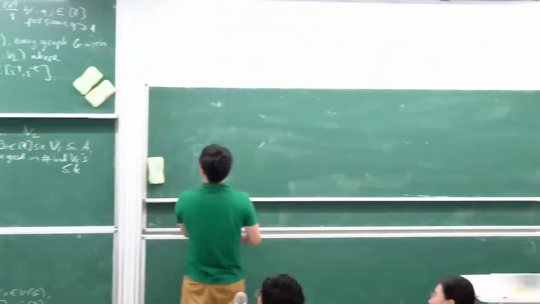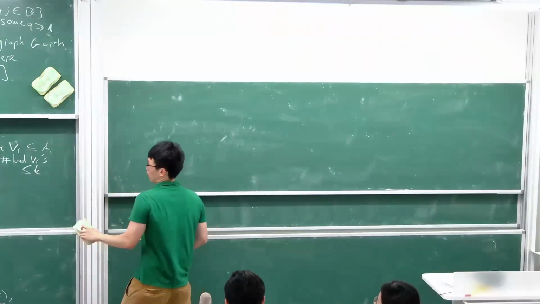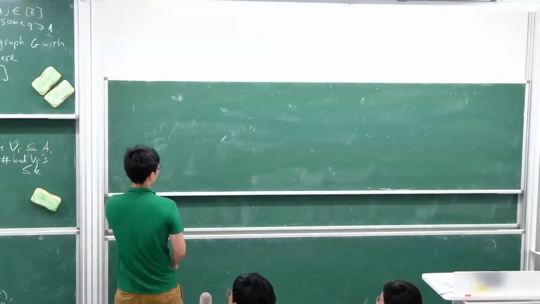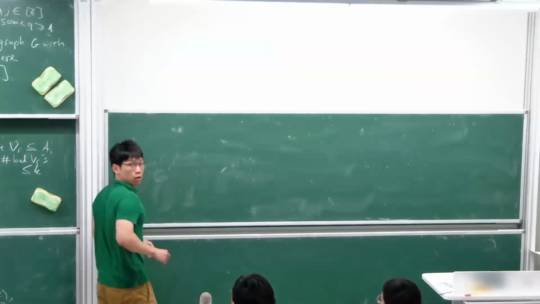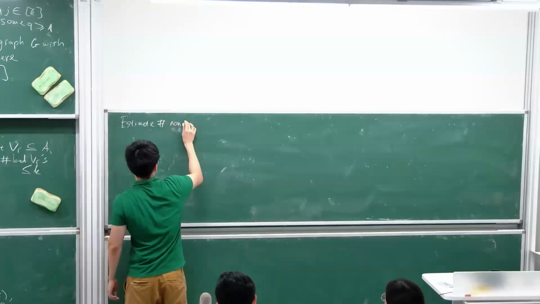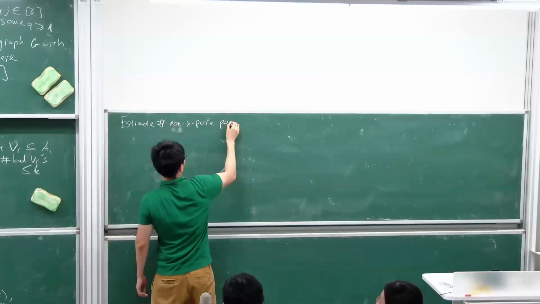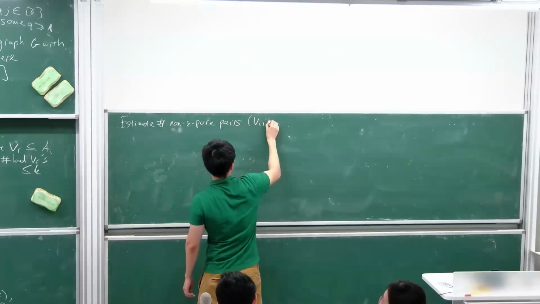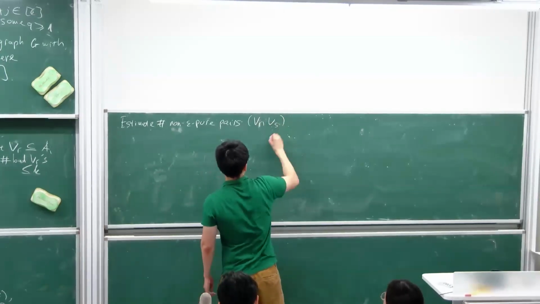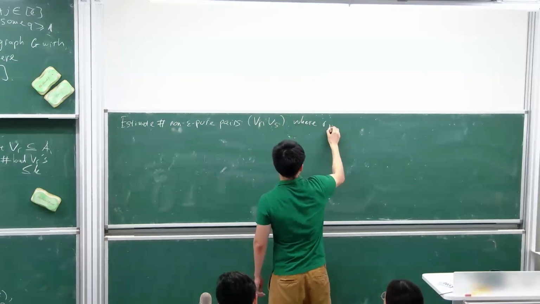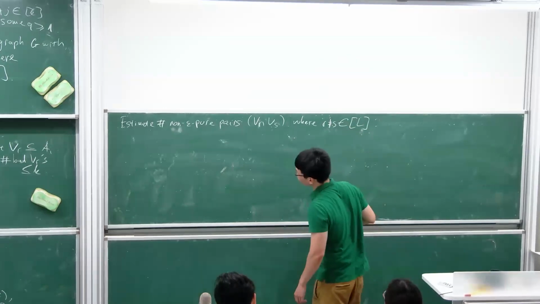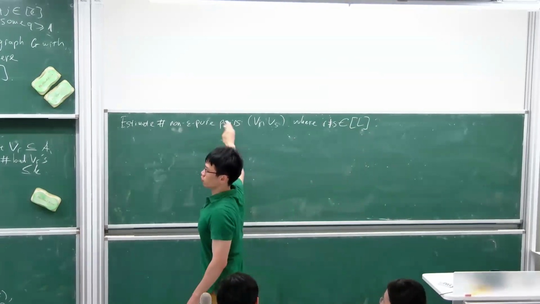So now all that's left to do is for us to estimate the number of non-epsilon pure pairs, that is, pairs VR, VS where R and S are distinct and in the index set of L. These fall into two categories.